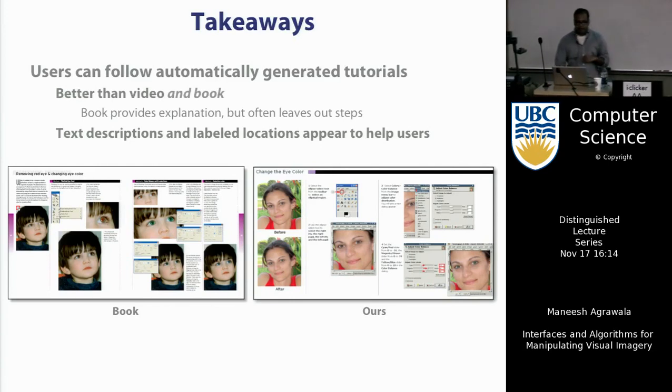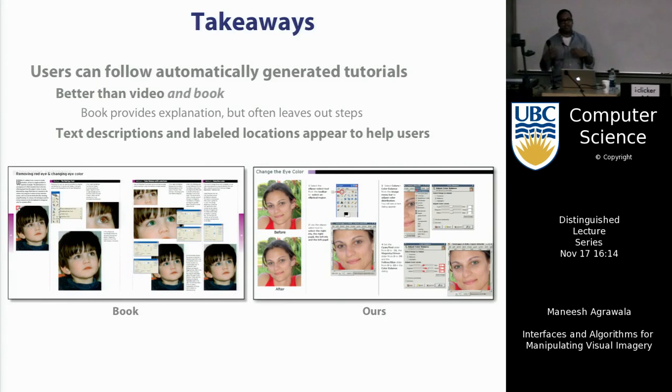The fact that it's better than the book is interesting, and I think what's going on here is that the book provides a lot of explanation for why a person should perform each step, but they often condense the information and leave out important steps. And so that may be the main reason that we're beating the books.